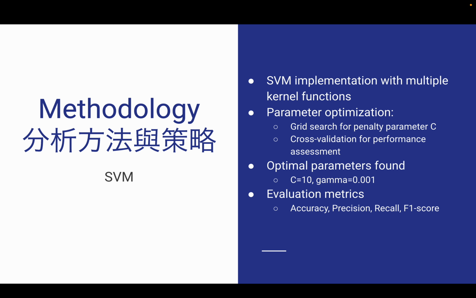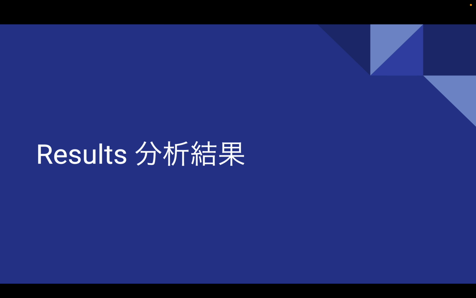After testing multiple combinations, they determined that C set to 10 and gamma set to 0.001 yielded the best results. The model performance was evaluated using standard classification metrics, which will be presented next.